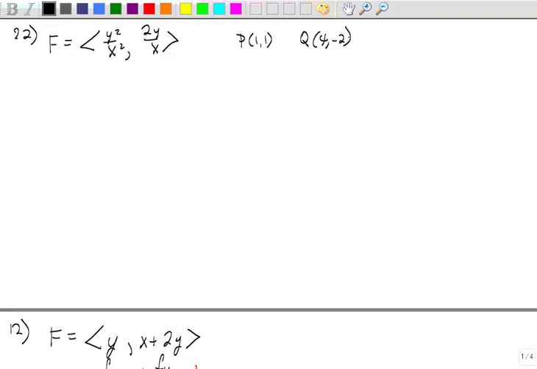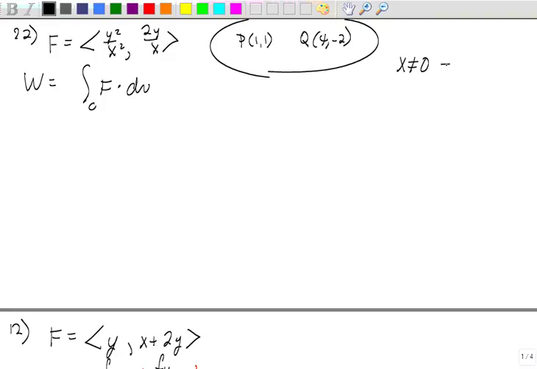I want to find the work. Well, the work is the line integral of the force times the displacement vector. Here, x can't be 0, but if you notice these points are in, let's take the domain to be x greater than 0, and those points are in there, so we're okay.